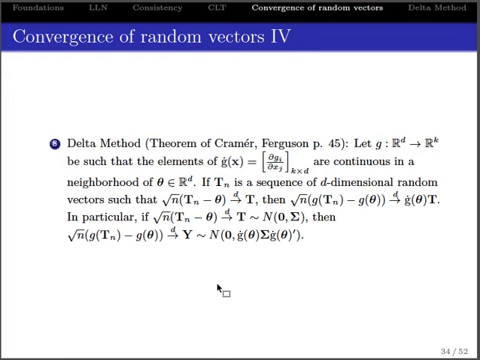And in particular, if they're multivariate normal, then the target itself is multivariate normal, and the variance covariance matrix of the target random variable is just this Jacobian times the original variance covariance matrix times the transpose of the Jacobian.